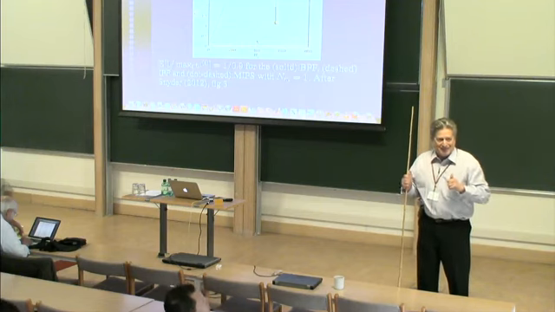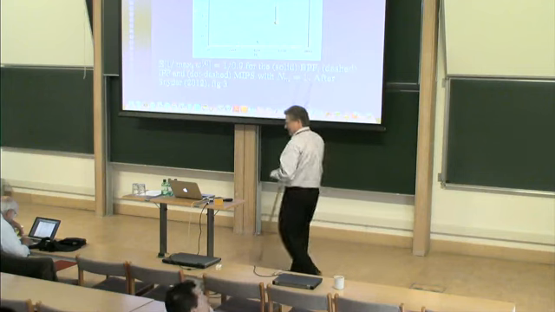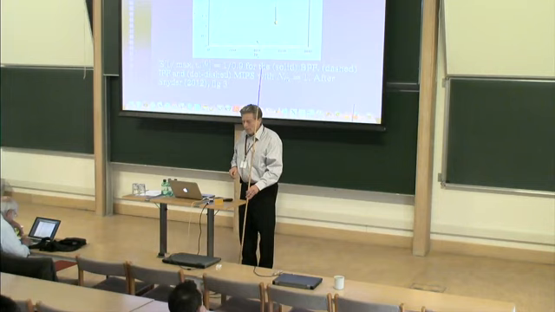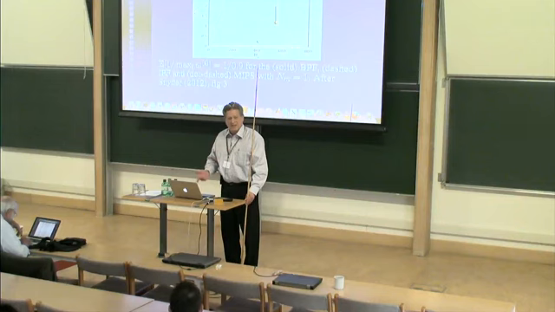Yeah, I understand what you're saying. But your posterior is not Gaussian, is it? No, exactly, it's not. That's the difference between this and the ensemble Kalman filter, for instance.